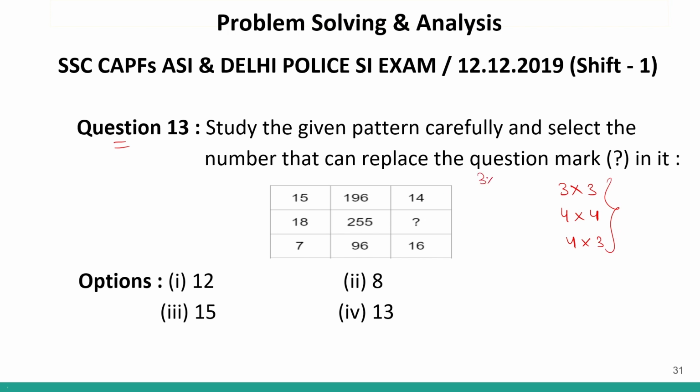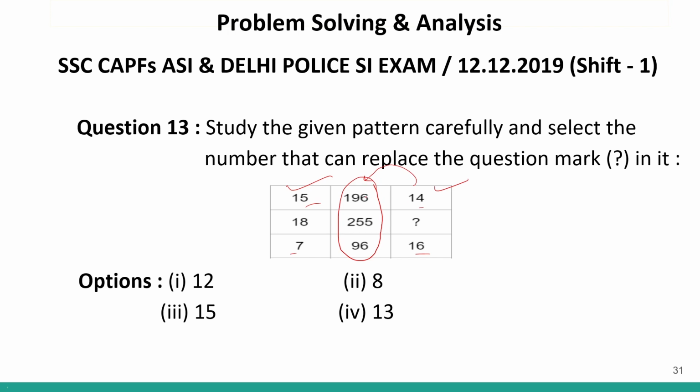Over here we have a 3 into 3 grid. Correct? Now, when I look at this logical grid, I can see that these numbers are certainly bigger than these 2 numbers. Correct? Similarly, over here, these 2 numbers are small and this is a bigger number. So, maybe certain operations are being done on these 2 numbers to obtain this number.